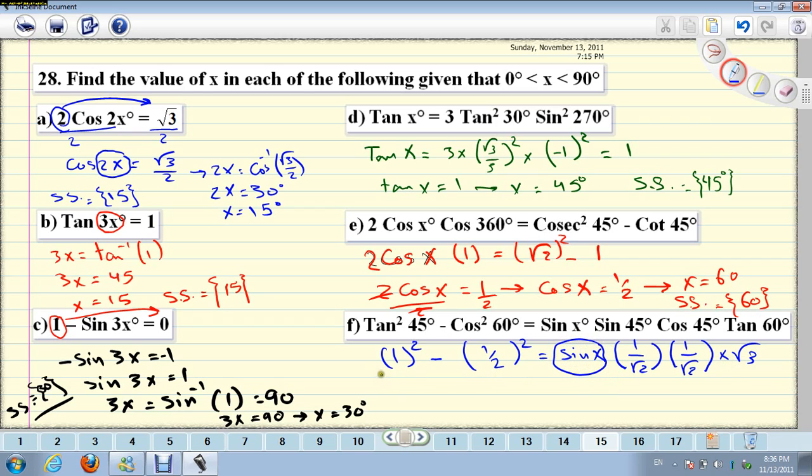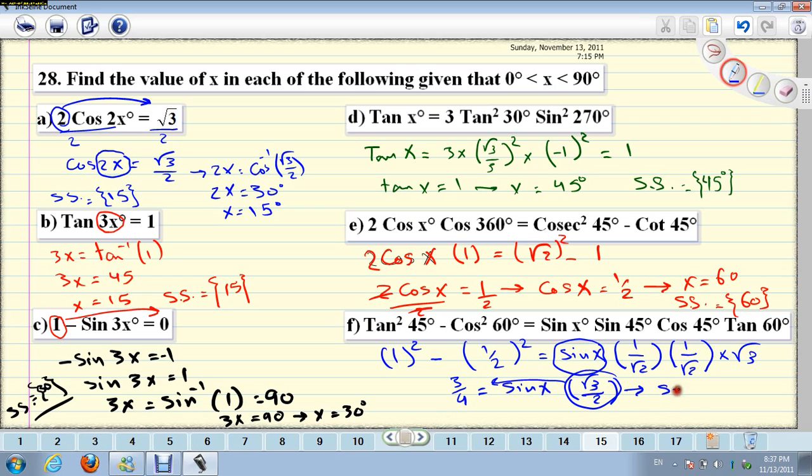Okay, 1 minus half squared is 3/4 equals sine x, and 1 over root 2 times 1 over root 2 is half, times root 3, so the answer is root 3 over 2. I want to move this number to the other side, so I'm going to divide both sides by root 3 over 2.